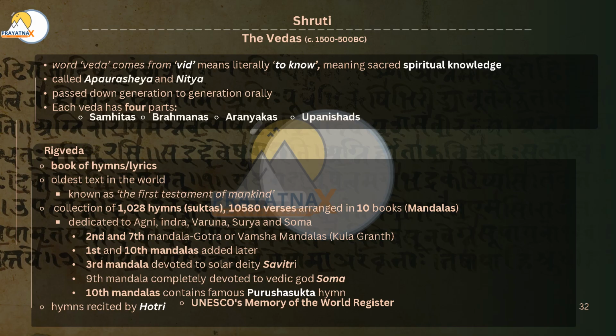Now if you look at the term Veda itself, it means sacred spiritual knowledge. It is derived from the word Vid, which means to know, and the term Veda as a whole then means sacred spiritual knowledge. Now this is basically a Sanskrit word.